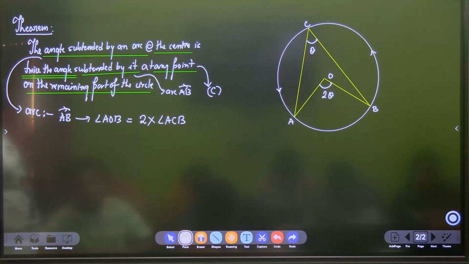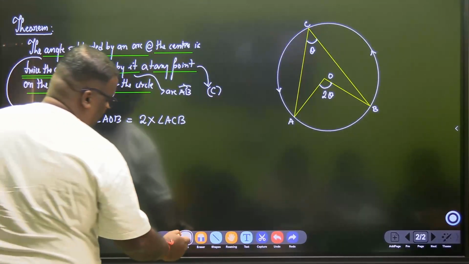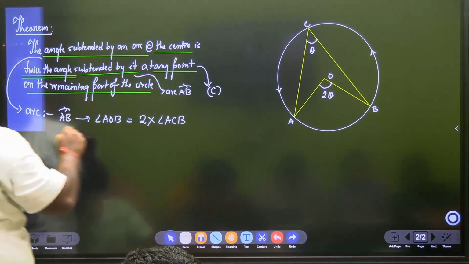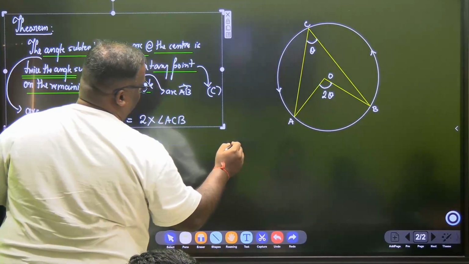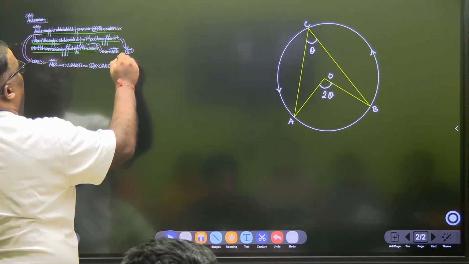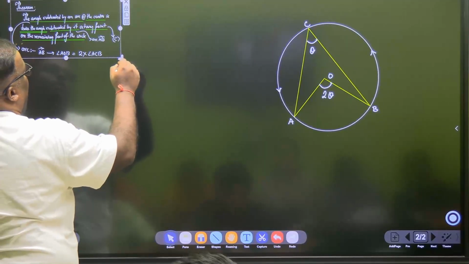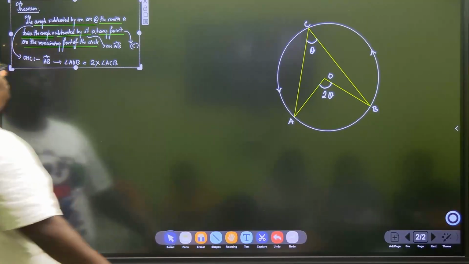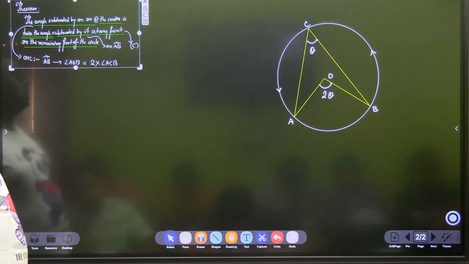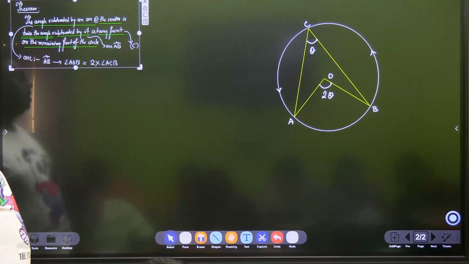First understand this. This is extremely important and has huge implications also. Angle subtended by an arc at the center is twice the angle subtended by the arc at any point on the remaining part of the circle.